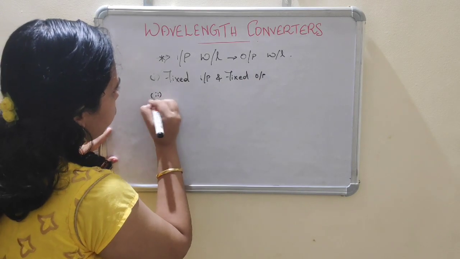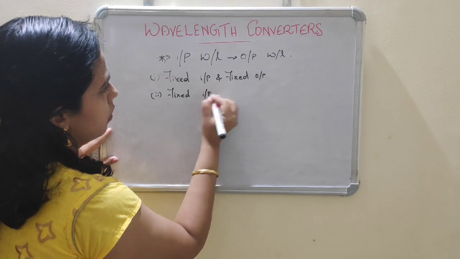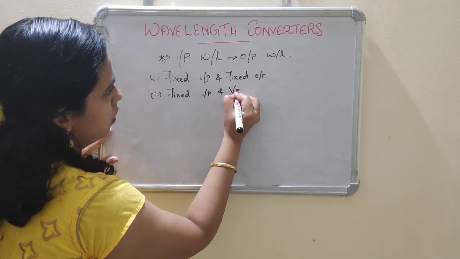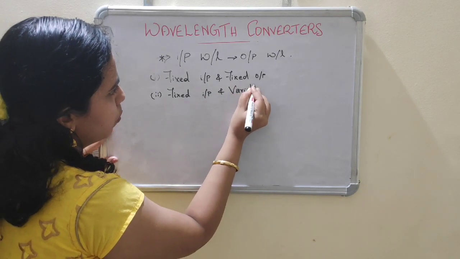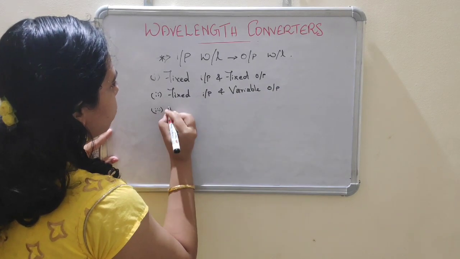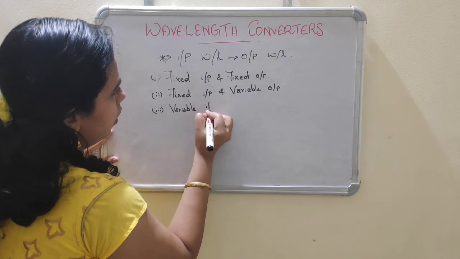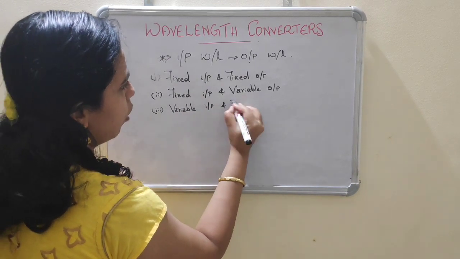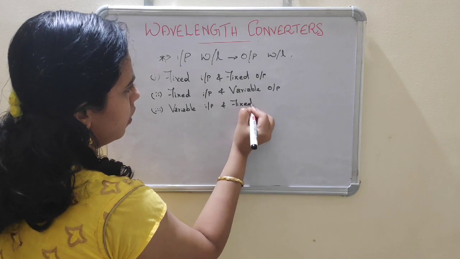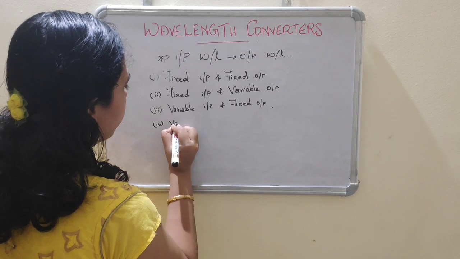Next one is fixed input and variable output. Third one is variable input and fixed output. And the last one is variable input and variable output.